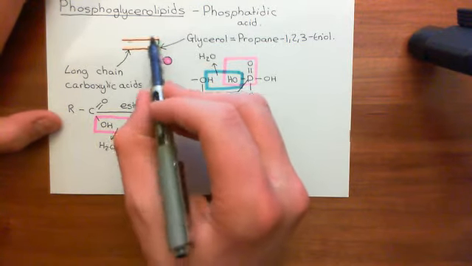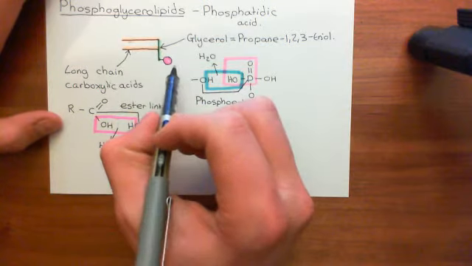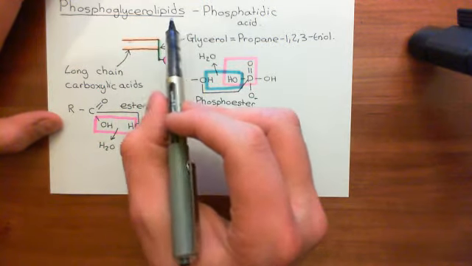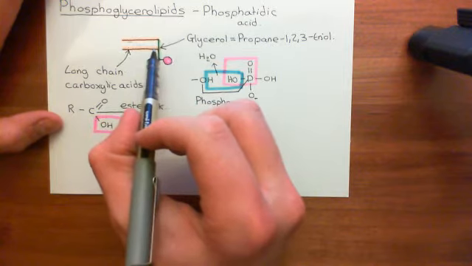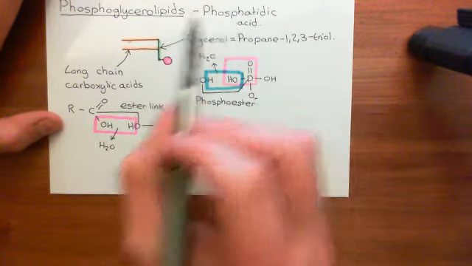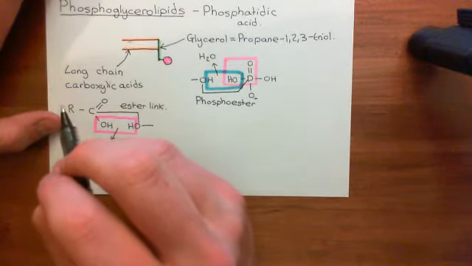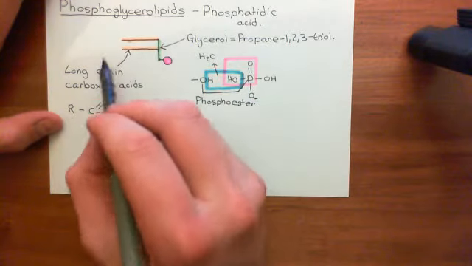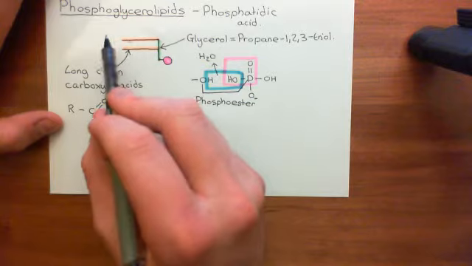Now notice something. This phosphatidic acid molecule is a phospholipid because it's got a long-chain carboxylic acid in its structure and a phosphate group. So it does meet the criteria for being a phospholipid, and you do have some of this within your cell membranes.